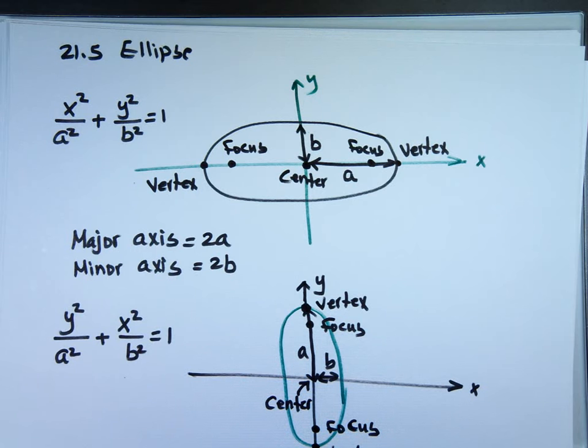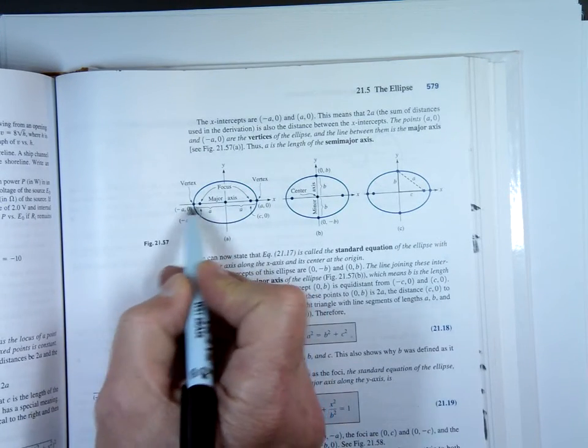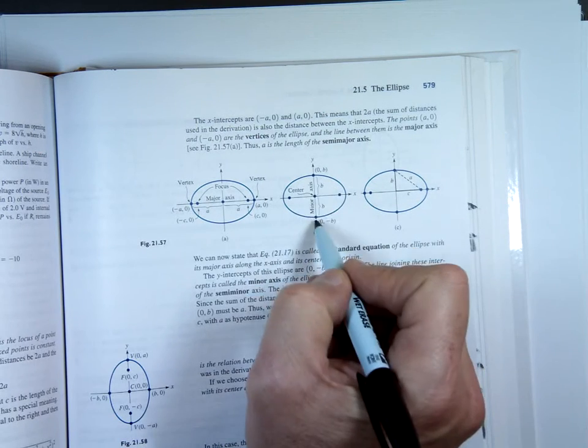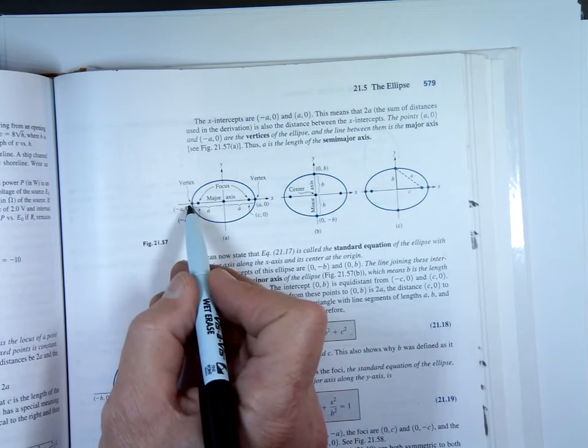This book actually has, try to put all the labels on it. They were kind of smart by doing more than one picture so you don't make the picture a mess. So when they did it, they took two pictures. They said, this is the major axis right there, from this end to that end. This is the minor axis. This is the center. That's the vertex. That's the vertex.